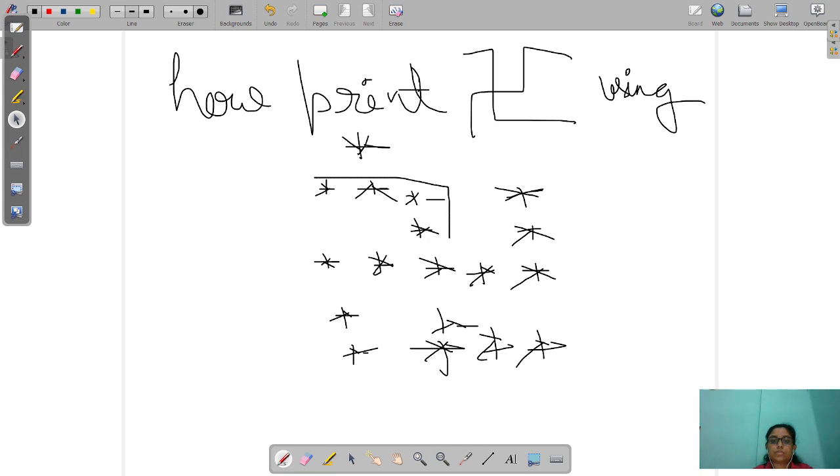So this is our swastika pattern. So we have to observe this design line by line.